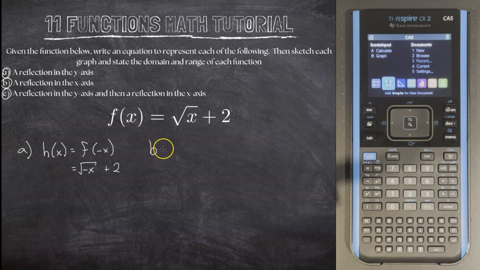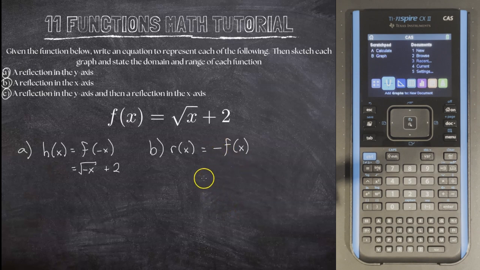Moving on, let's figure out what our function, let's say r of x, will look like if it is a reflection of f of x in the x-axis. So to do that, we're going to set this equal to negative the function f of x.